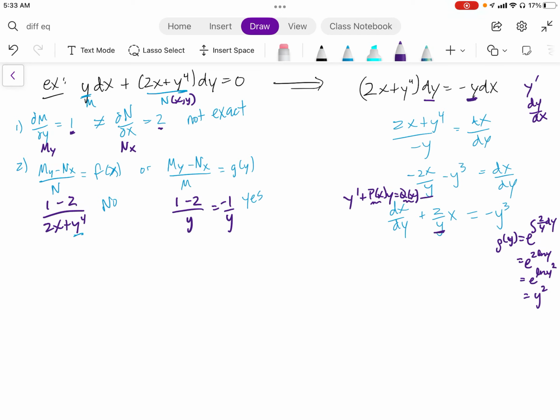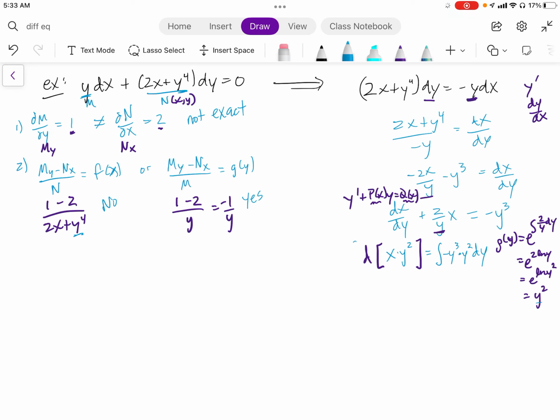And then the process, so at this point you should be comfortable solving linear first order differential equations. So I'm not going to explain it all. The process we get is that we have x multiplied by that integrating factor y squared. Typically it's y multiplied by the integrating factor, but again, we're reversed, equals the integral negative y to the third multiplied by the integrating factor y squared dy.